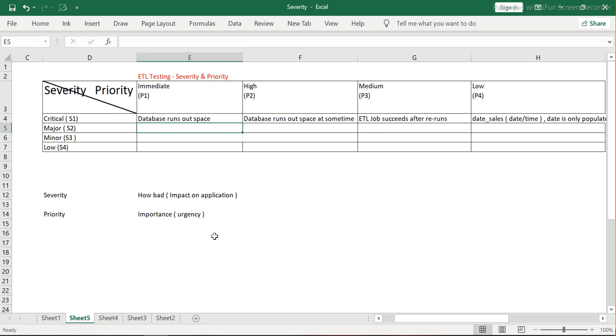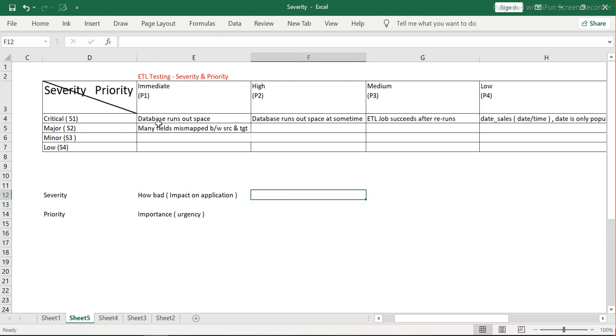So all the columns. What is happening is the job is not failing, right? The data is still loading, but the only problem is the wrong matching, right? So many fields are mismapped between source and target. This is the example of major severity and immediate priority.